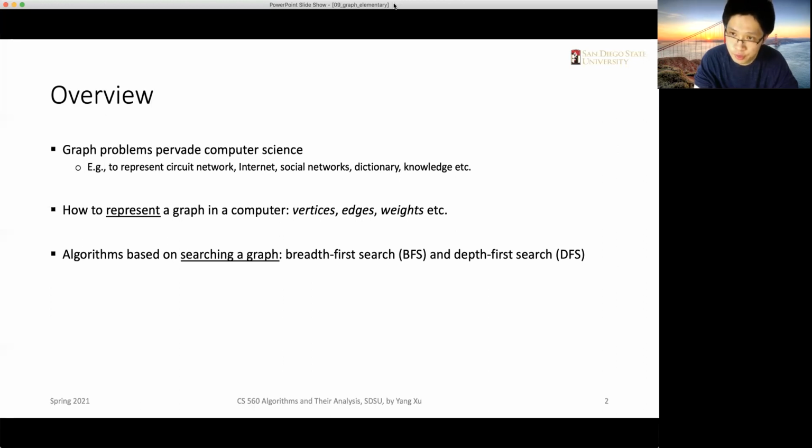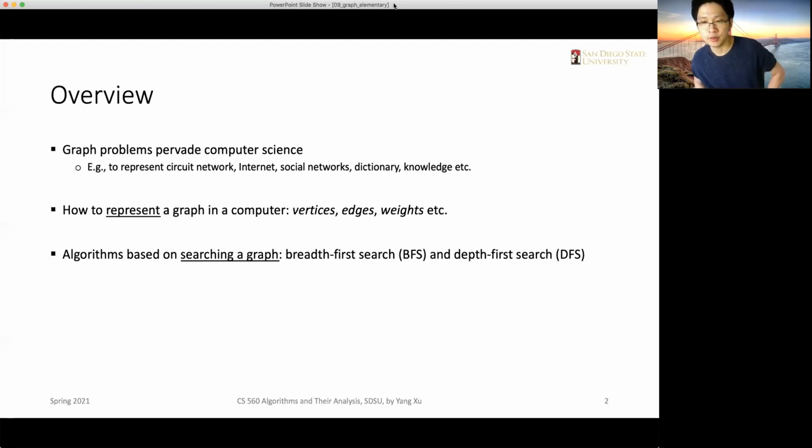Okay, so we will look at typical algorithms on how to search a graph. There are 2 types of graph searching algorithms, including the breadth first search (BFS) and the depth first search. Okay, and the purpose of a searching algorithm is that you start from one point in a graph, and then you wish to go through all the vertices or all the edges, right?